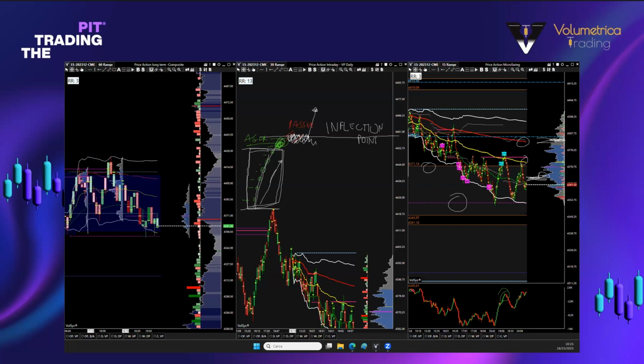That's still a dynamic developing. When can we really say that sellers have won the battle?